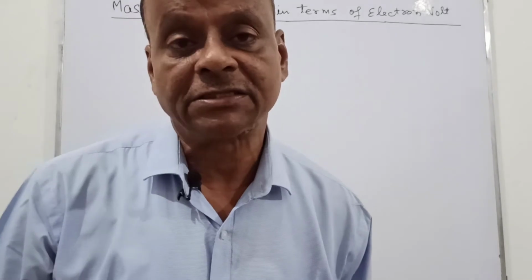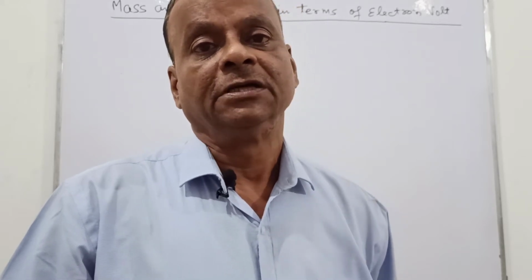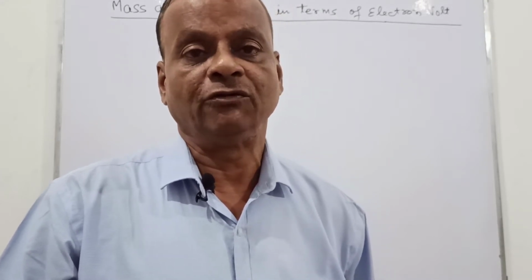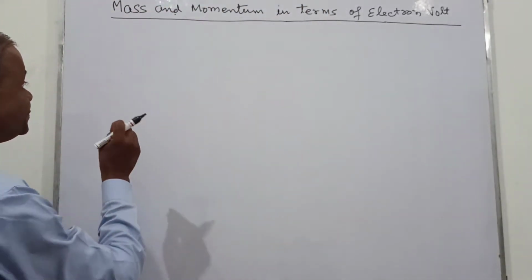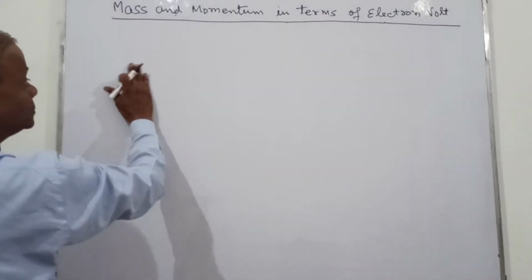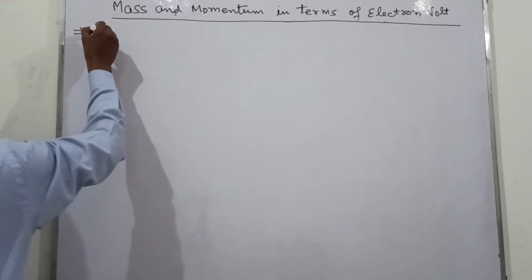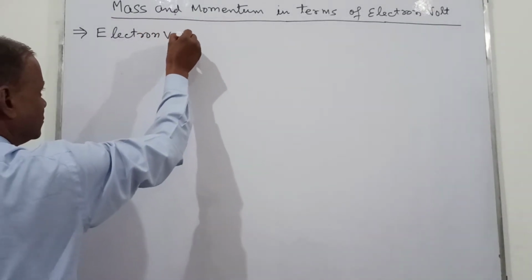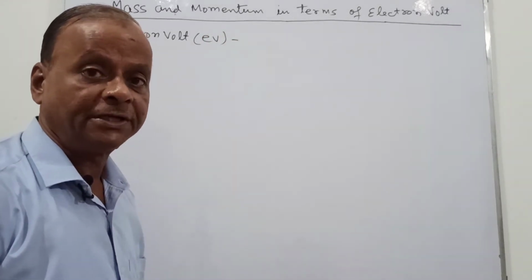As we have seen, electron volt means, suppose this is 1 electron volt, it means that if an electron is accelerated by 1 volt potential difference, then whatever energy is gained by it is called the electron volt. Electron volt is shortly represented by eV.